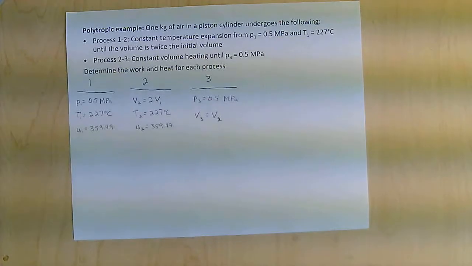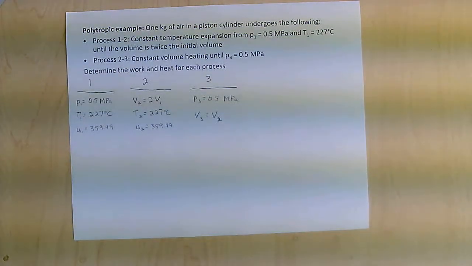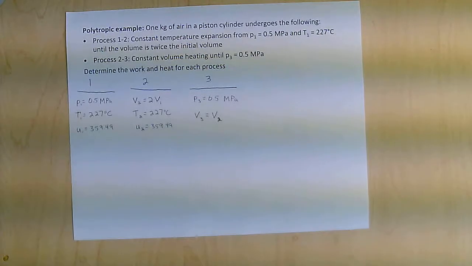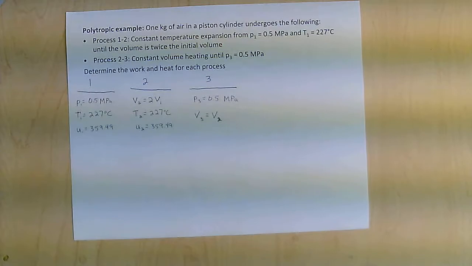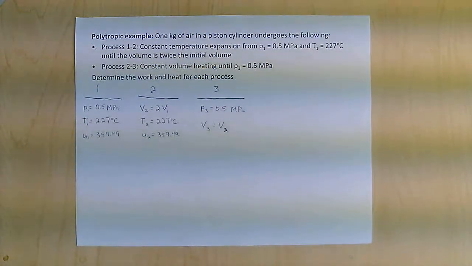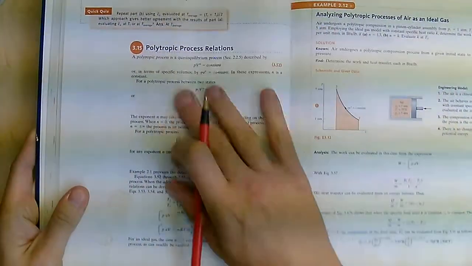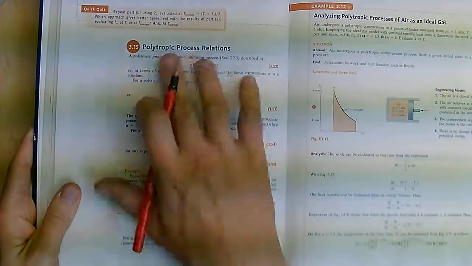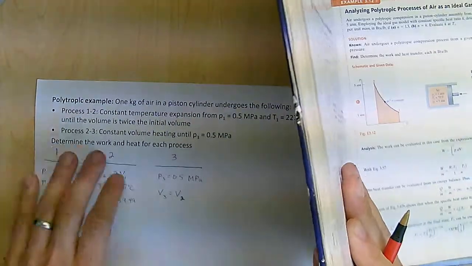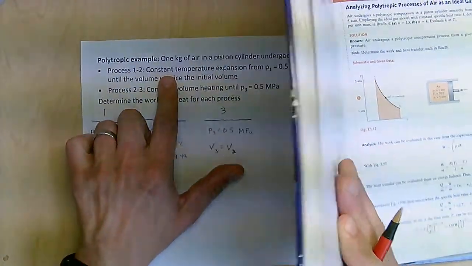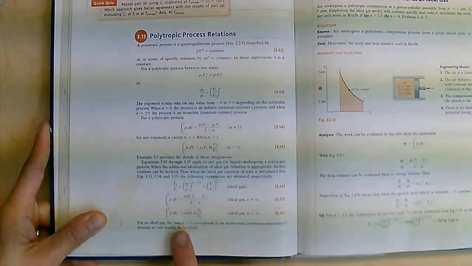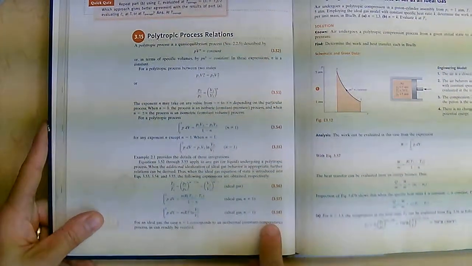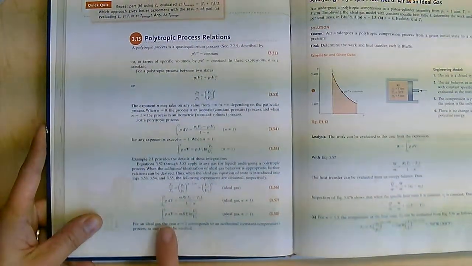Now, in order to get U3, I need to figure out my temperature 3. I'm going to use the polytropic relationships that I have. This first one is a constant temperature relationship, where for isothermal, N equals 1 for an ideal gas.